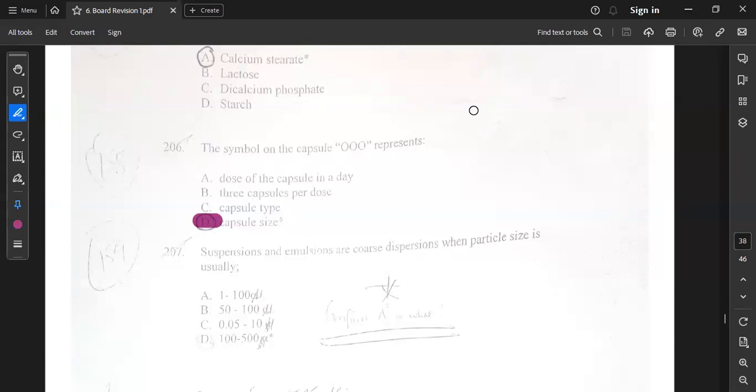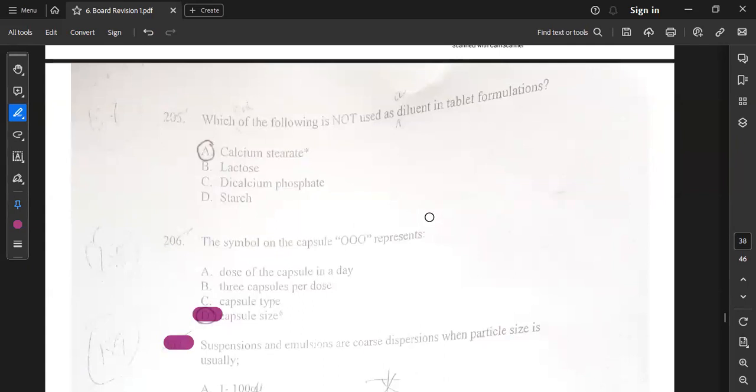Okay, I'm not too sure. I think colloidal is even smaller than fine particles, but I'm not too sure. And for this question, we don't know what the units are, so we can just mark it.